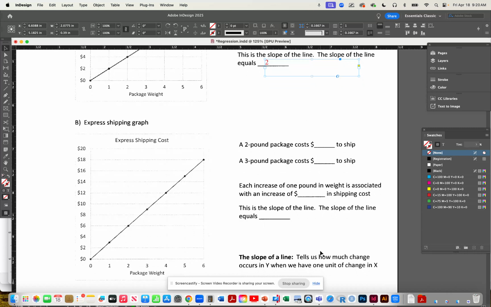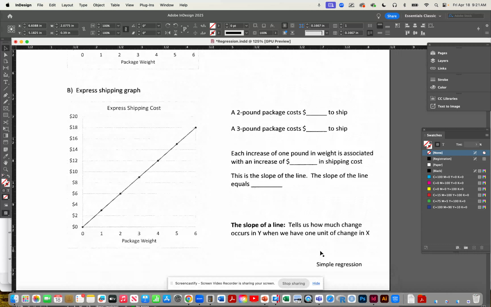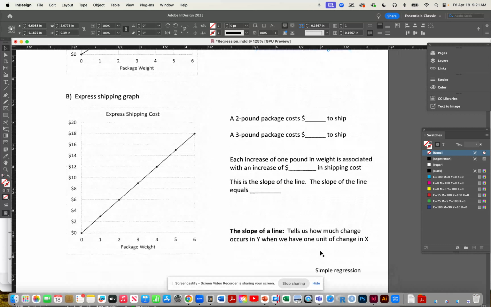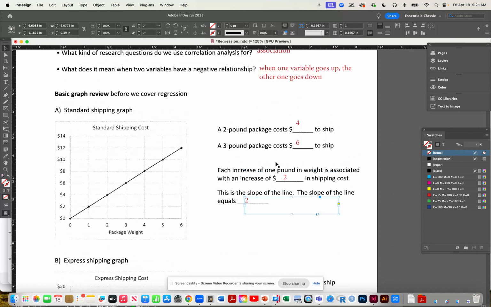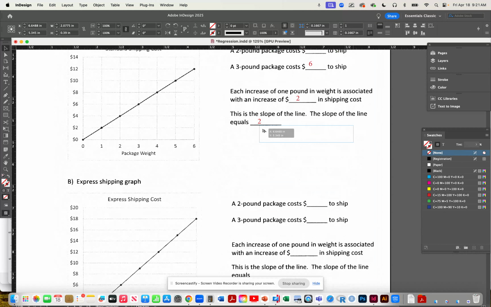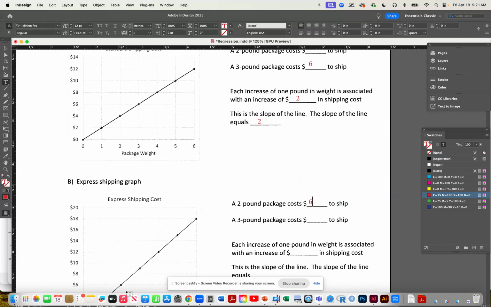Now, what about in this hypothetical graph, the next one, express shipping costs? We would expect this to cost a little more than standard shipping. Looking at the graph again, a 2-pound package costs how much to ship? Let's see, $6. What about a 3-pound package?